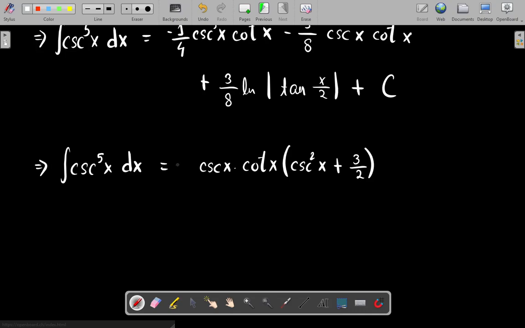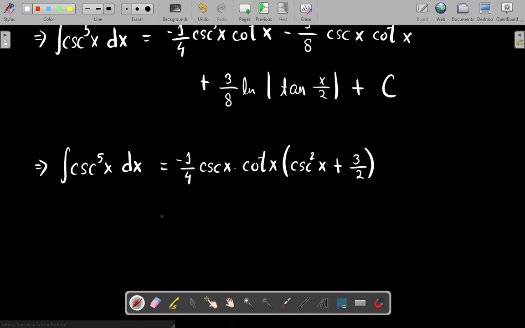Okay, so now see what is left still. We see that minus 1 upon 4, if we multiply this we get the first term, and then if we multiply minus 1 by 4 with 3 by 2 we get minus 3 by 8, right?